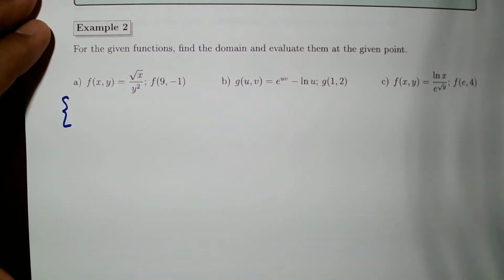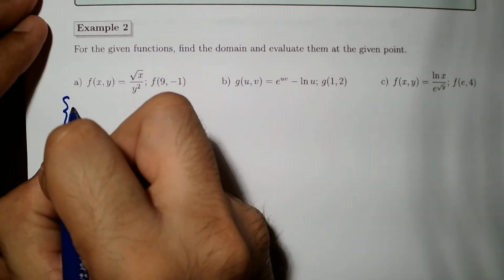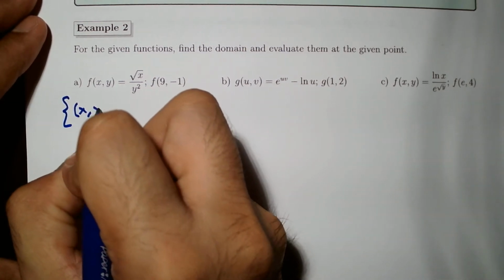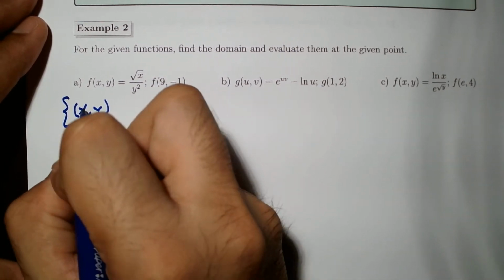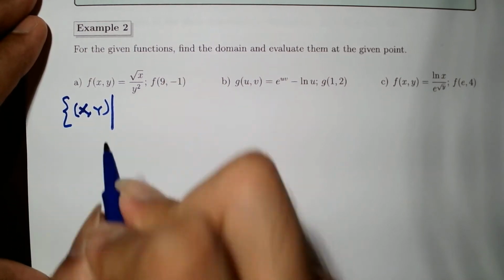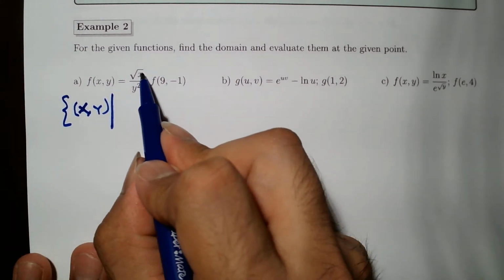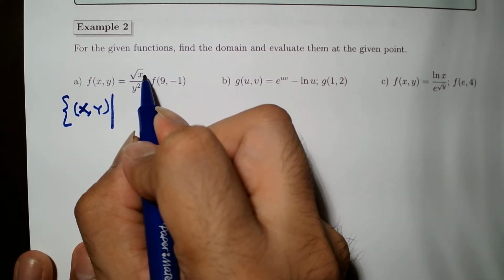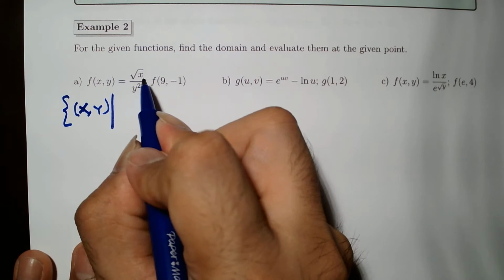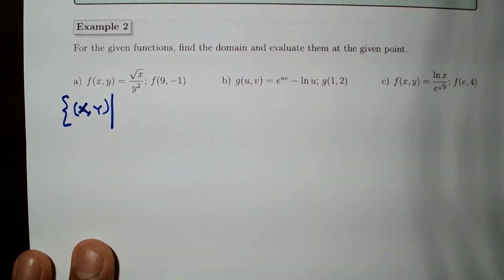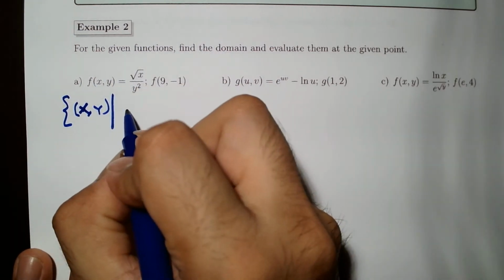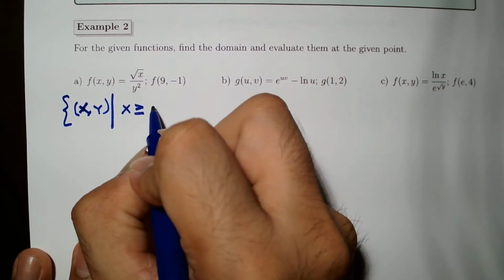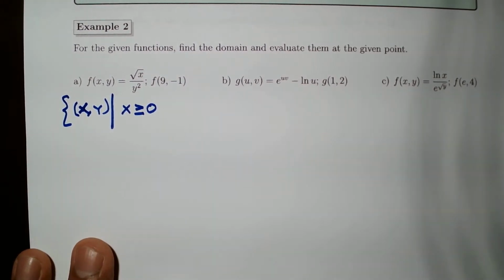We are not going to use interval notation, and we are going to express it as (x, y), all the ordered pairs x, y, such that, well, in this case, let's go alphabetically. For the numerator we have only an x, but notice that the x is inside of a radical of even index, for which x cannot be negative. So that's all we do. x has to be greater than or equal to 0.